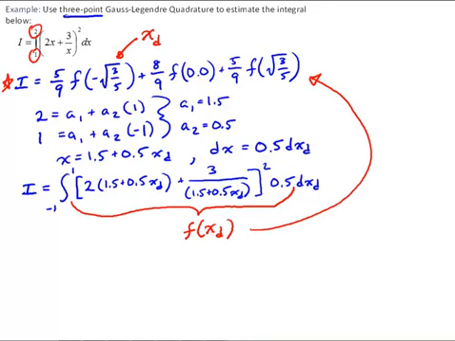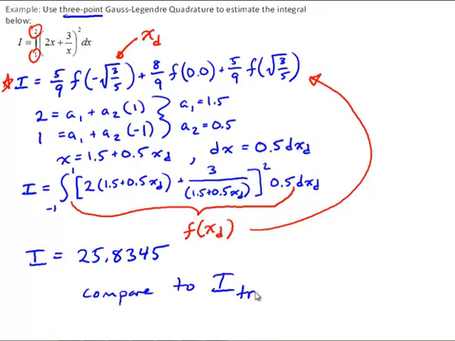When you plug that in, you will get a result I of 25.8345. You can compare that to the exact true integral calculated analytically, which is 25.8333.